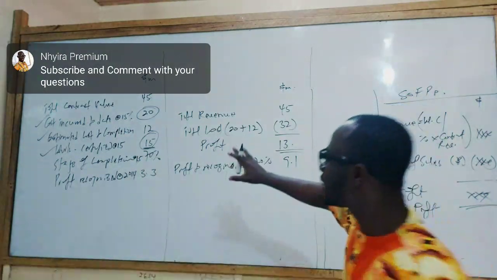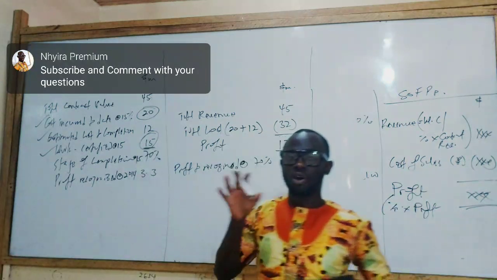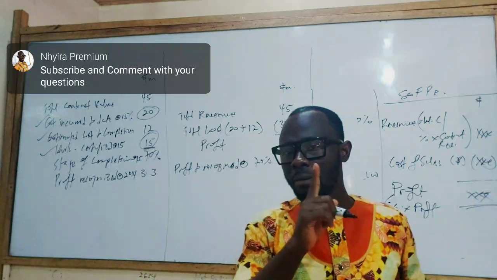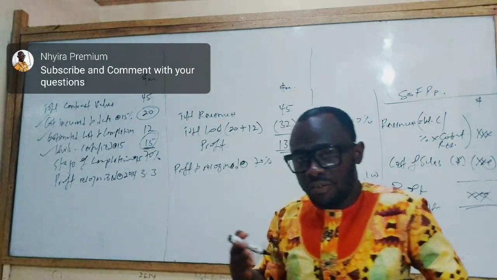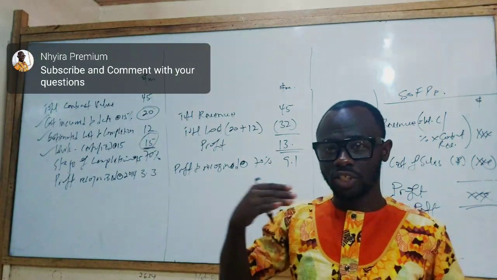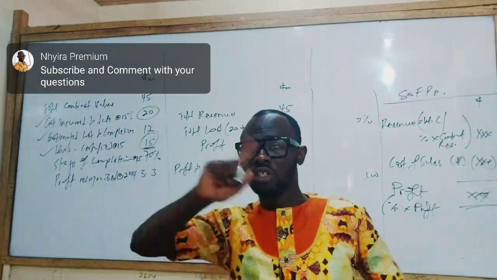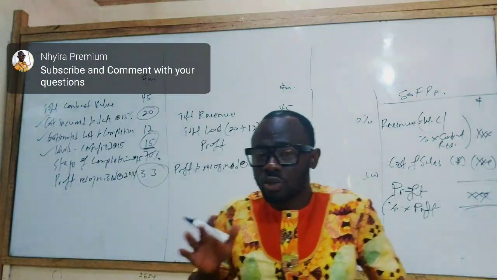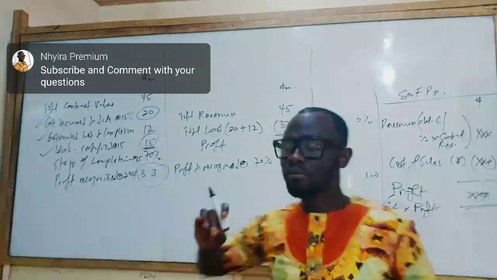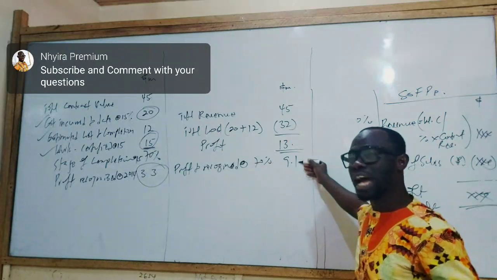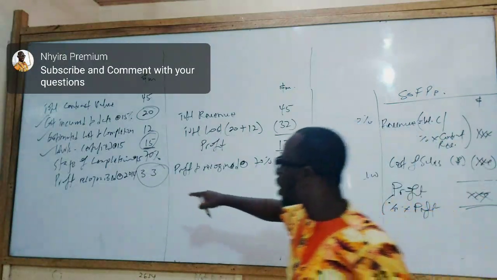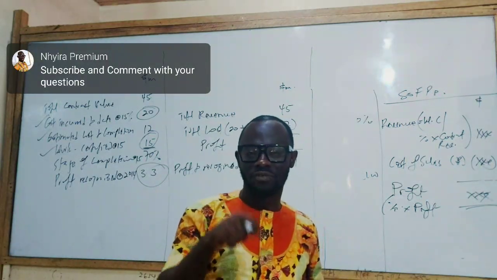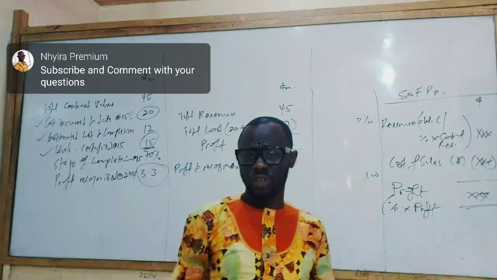So for the entire 70% work that we've done, we are going to be recognizing 9.1 as the profit. But remember, I told you that we are in 2015, but the job started during the year ended 2014. So they have already recognized 3.3 in relation to profit for 2014. So if total profit recognizable is 9.1 and they had already recognized 3.3, then this year, that is the year ended 31st December 2015, what profit will we recognize?